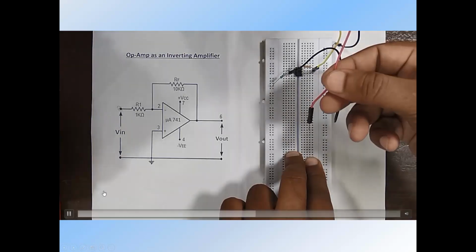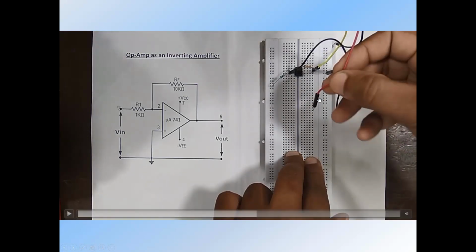And then the connection of this minus 12 volt supply pin. This jumper wire will be connected to pin number 4. This is pin number 4 of the IC, and this jumper wire will be connected to any one of these 4 holes, first, second, third or fourth.